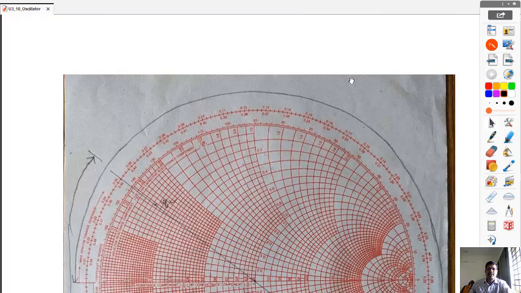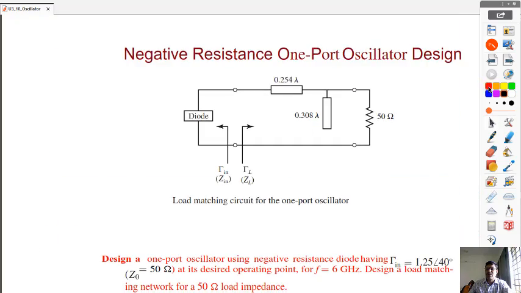Here we know that one condition is RL plus R in equals 0, and another condition is XL plus X in equals 0.